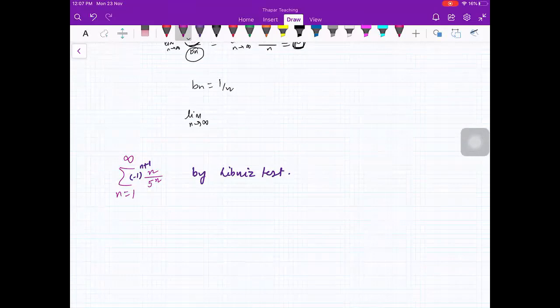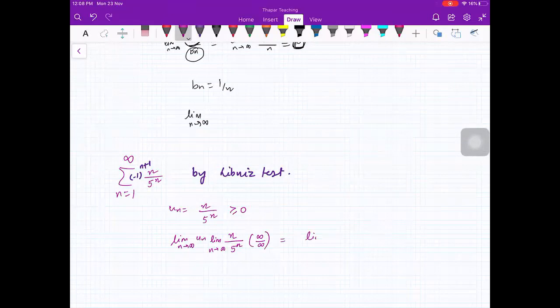Yeah. So can anybody tell me? So your un here is n upon 5 raised to power n, right? So by Leibniz test, you see what is limit n going to infinity of un? First, this is positive, no problem. What is this limit? Tell me. Right now, this is infinity by infinity.